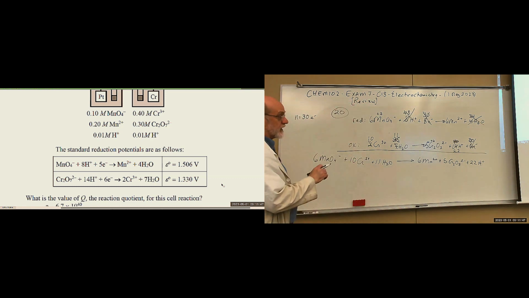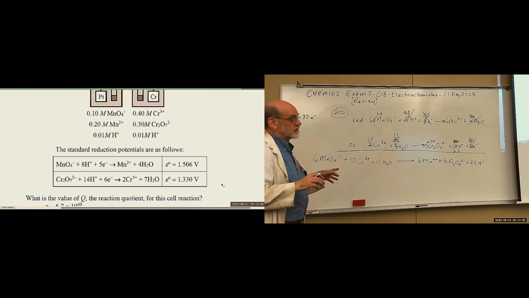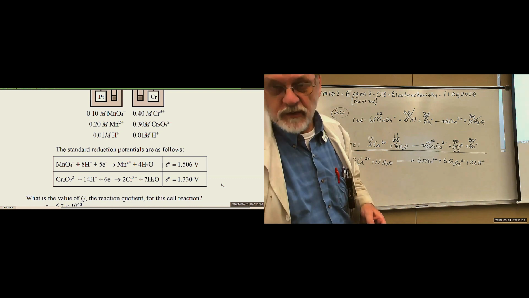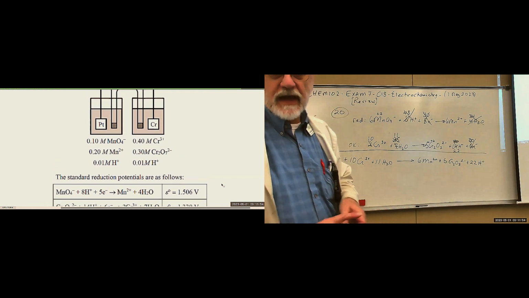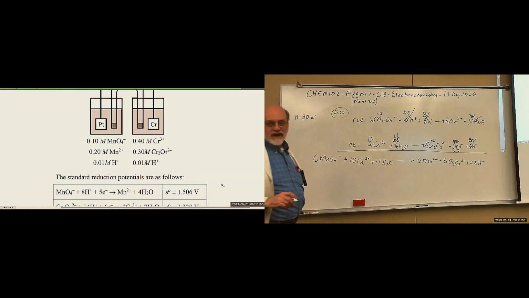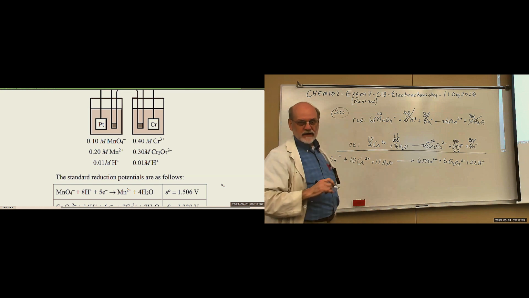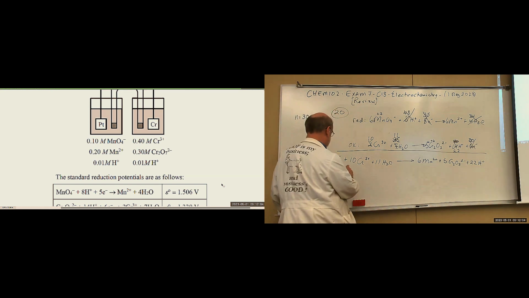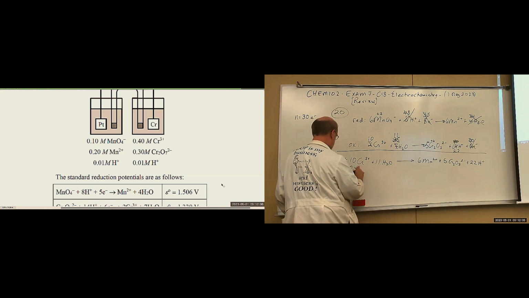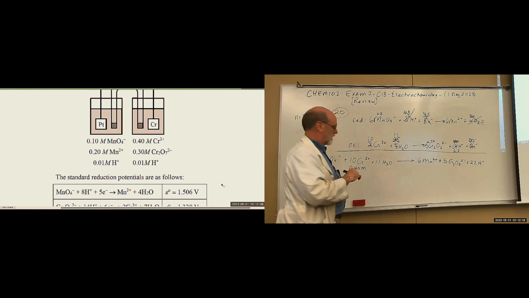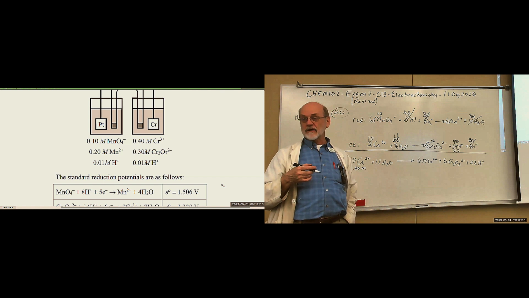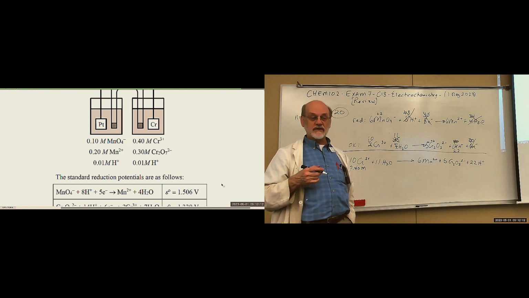No. Okay. So now what are the values? The concentration values. So that's where we go up here. And MnO4 minus is 0.11 molar. How about chromium? 0.4 molar. Water doesn't count, right? Not for a K or a Q calculation because it's a pure liquid.